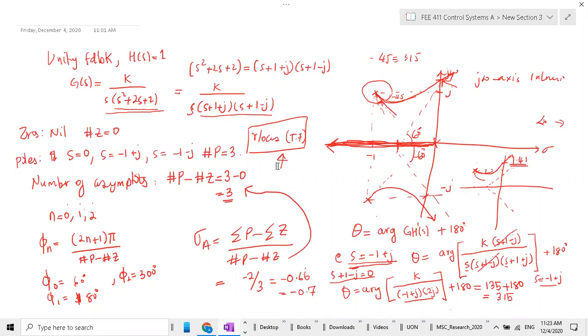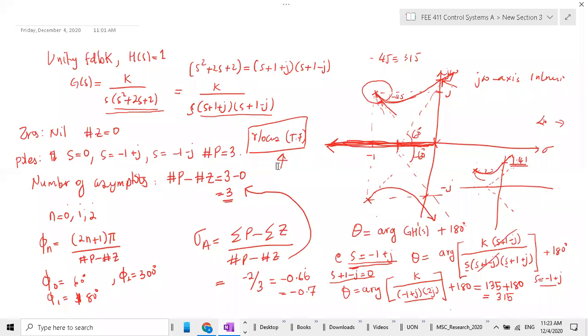Remember, all these rules help us to draw root locus. It's an old method. Long time ago we didn't have computers where you can just plug in rlocus with your transfer function and get the root locus. These rules help the control system designers to plot root locus.